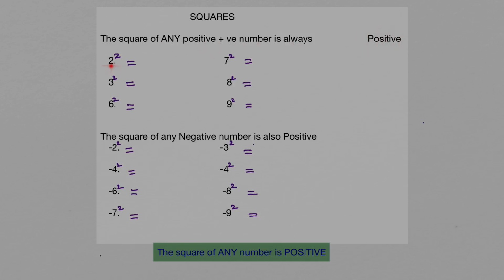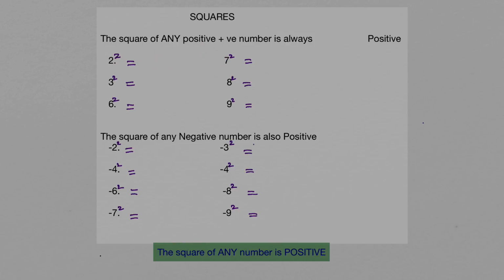So if we have 2 square, 3 square, 6 square, 7 square, 8 square, 9 square, when we multiply the number by itself twice, we call it the square of it. And the square of any positive number is always positive. The answer we would get for all these numbers would be positive.